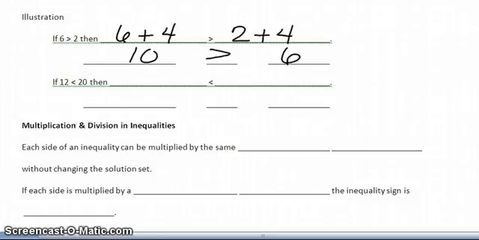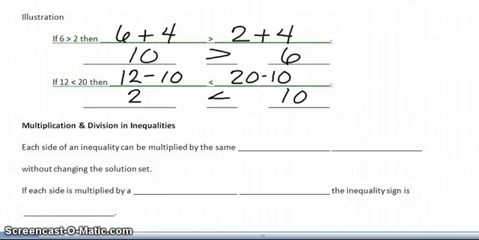Here, if we subtract, I said 12 is less than 20. That's true. So if I subtract the same number from both sides of that inequality, my inequality sign should remain the same. 12 minus 10 is 2. 20 minus 10 is 10, so 2 should still be less than 10.